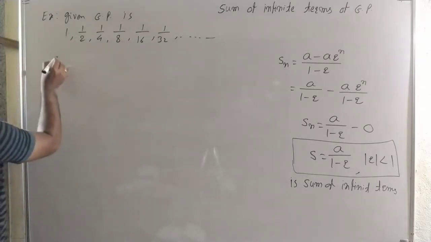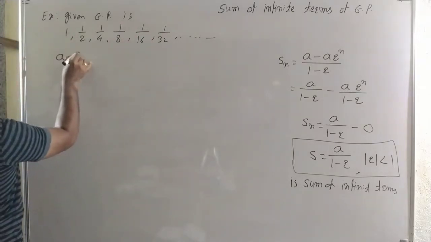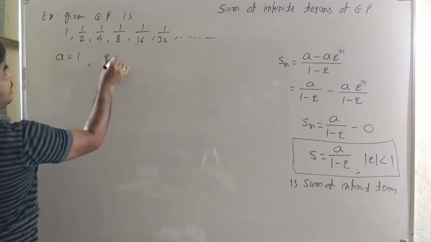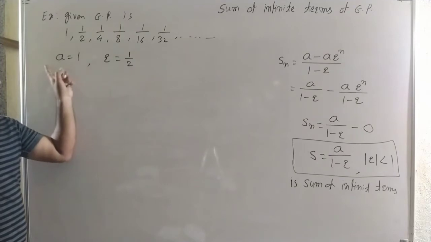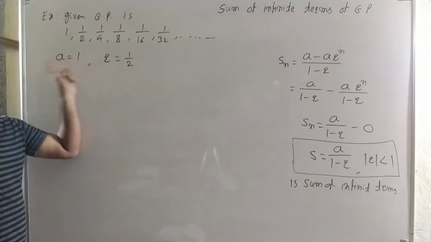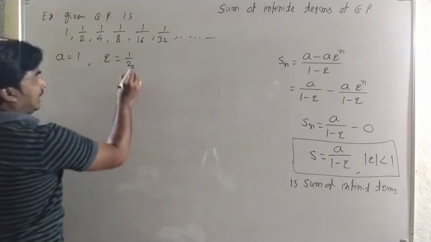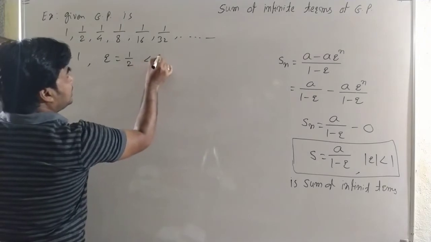Now here A is equal to 1 and R is equal to 1 by 2. The ratio is 1 by 2 and the first term is A, and this ratio is less than 1.